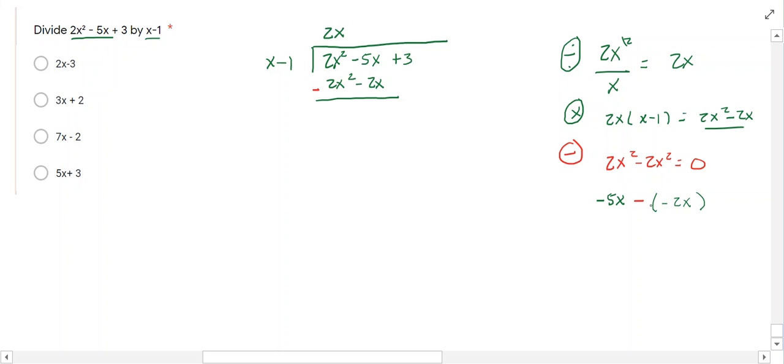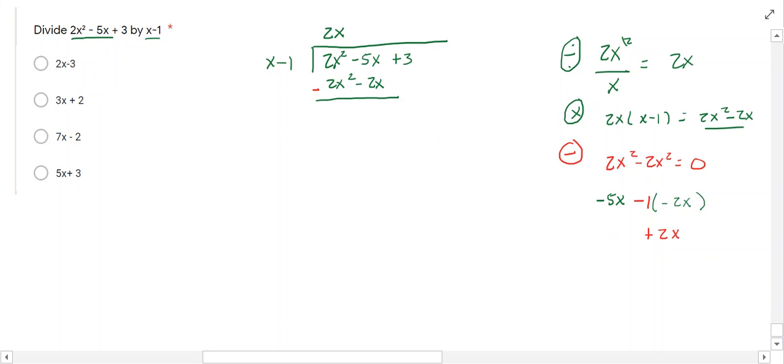So this here is a double negative. It's like as if you had minus 1 out here, and you're multiplying everything inside by minus 1. So minus 1 multiplied by minus 2 becomes plus 2x.